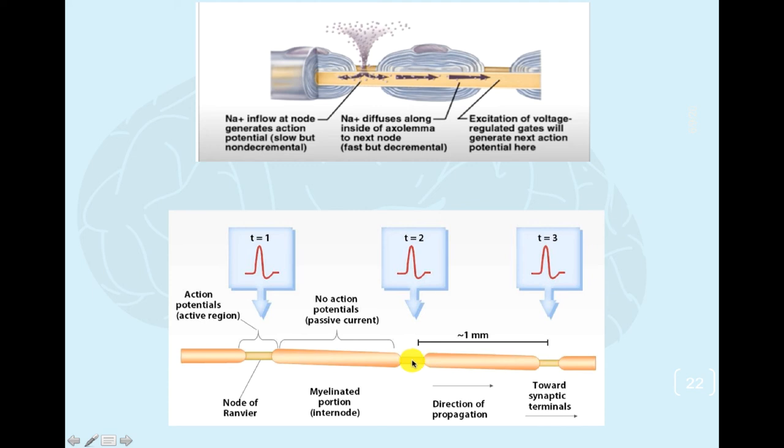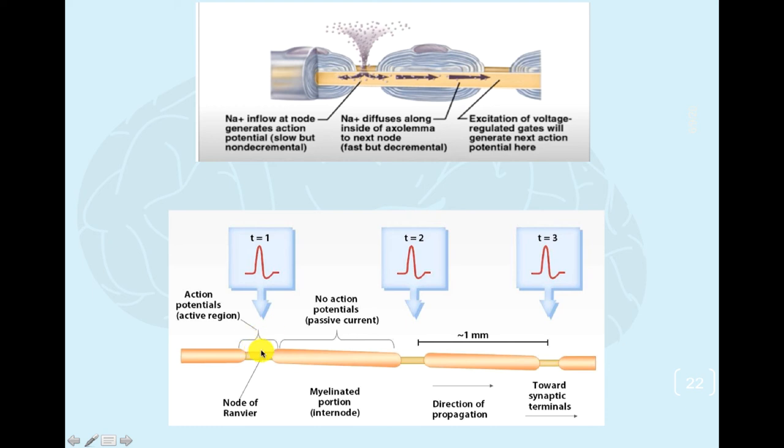Because this process hops from node to node, it is called saltatory conduction. That's from the Latin, and if you happen to speak Spanish, you might know that as well. Saltar means to jump, and you can also remember saltatory because it sounds salty, right? Sodium is a component of salt, so that's another way to remember it.